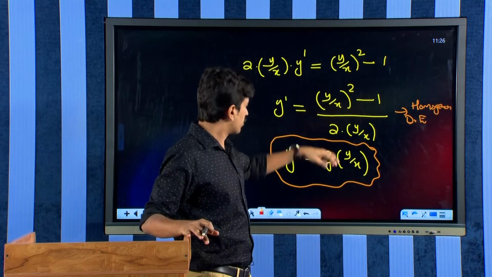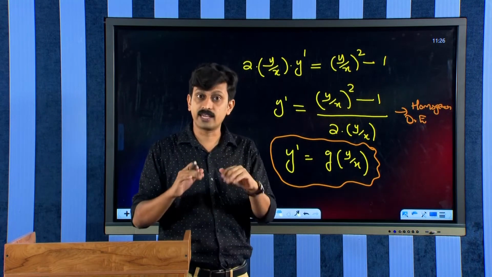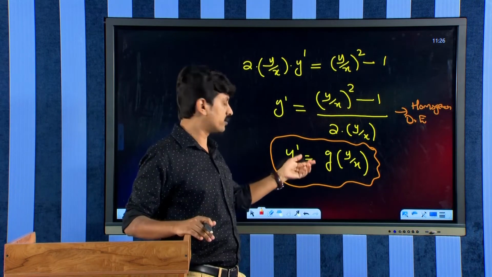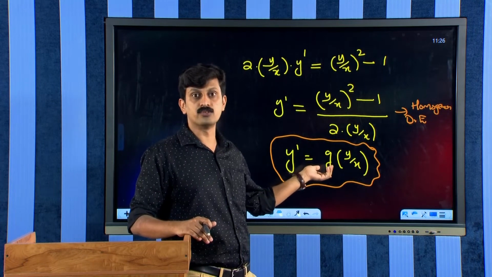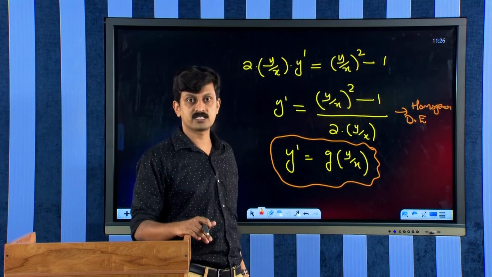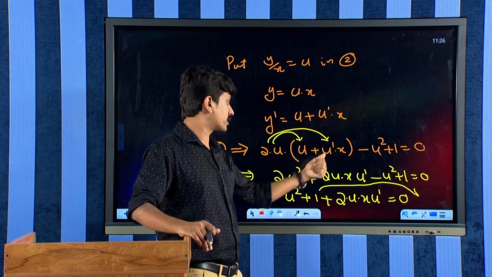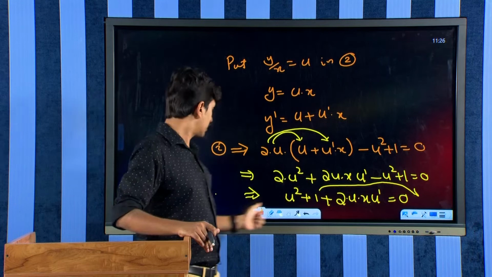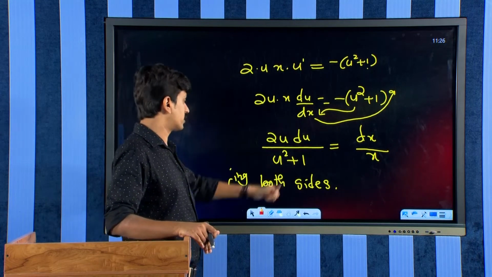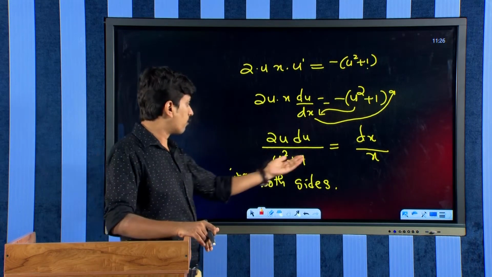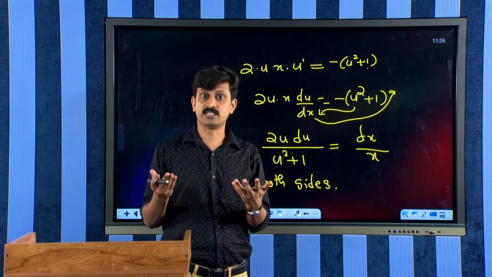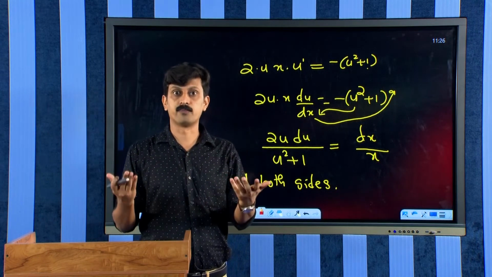Because it is homogeneous, we can put y is equal to ux, or u is equal to y by x. From that we found y dash, and we substituted in equation number 2. From there we found the general solution, while converting that equation into separable form.